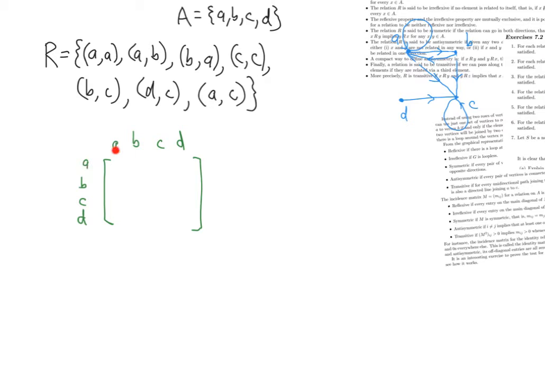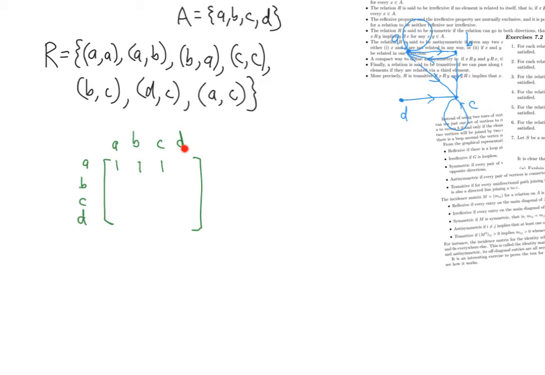So A comma A, is that in the relation? Yes, it is. We put a 1. A comma B is in the relation, so we'll put a 1. A comma C, there it is, put a 1.